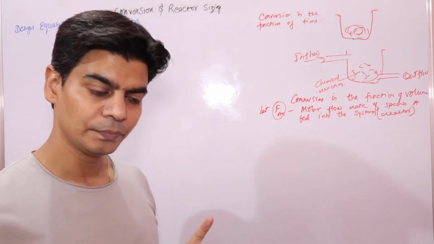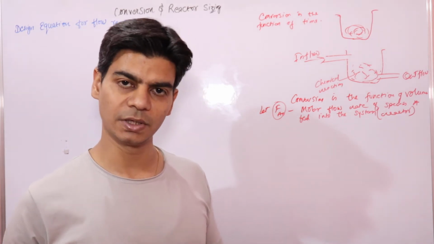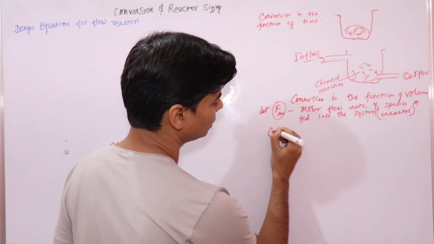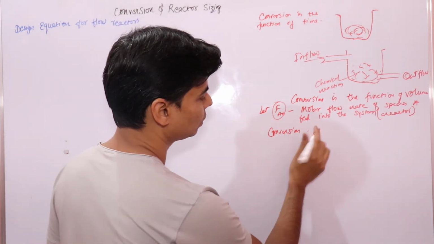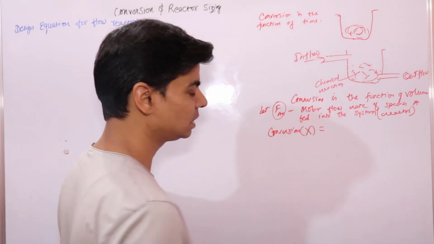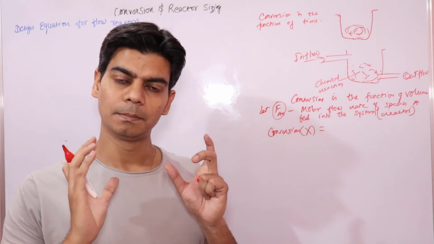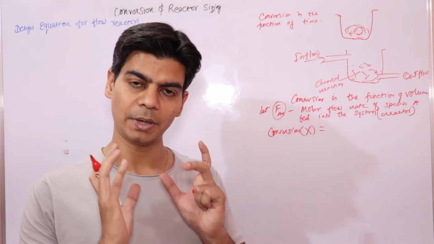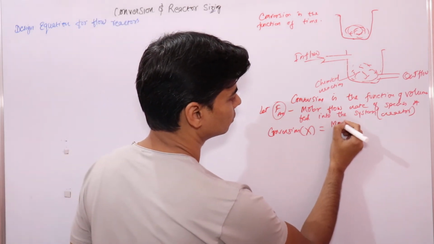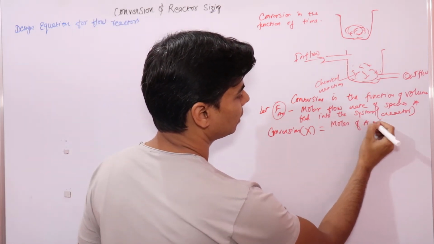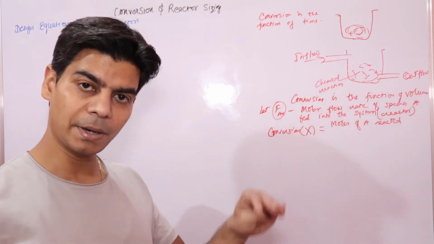We know one thing, if you just recall the definition of conversion that we defined in the first lecture of this chapter, conversion denoted by X is moles of A reacted per mole of A that is fed into the reactor.